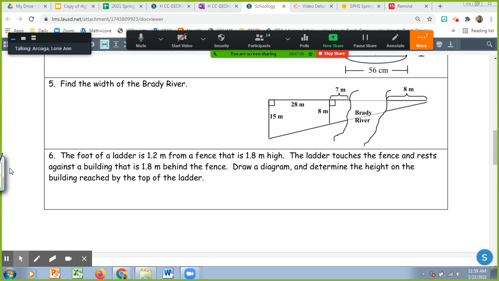Oh, I have to stop sharing my screen. Whenever you're ready, honey, go ahead and show us your picture. Send yours through Remind. Oh, that's a good way to do it too. How about Ricky?